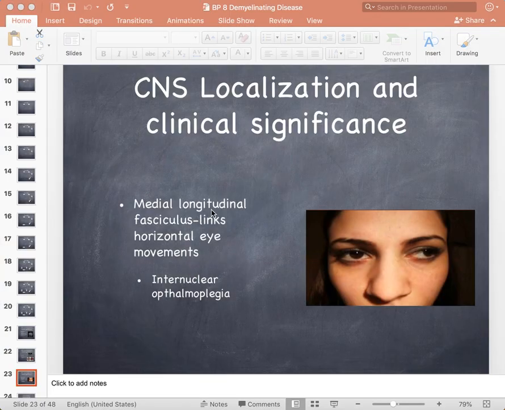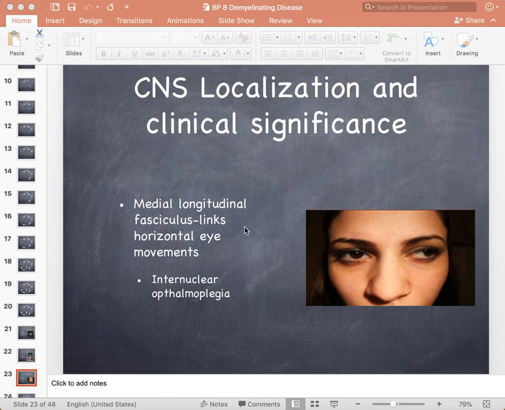And you can get a lesion of the medial longitudinal fasciculus from, say, a stroke, but in general, you tend to get bilateral lesions of the medial longitudinal fasciculus from demyelinating disease. The reason is that arterial infarcts tend to respect the midline and don't cross to the other side.